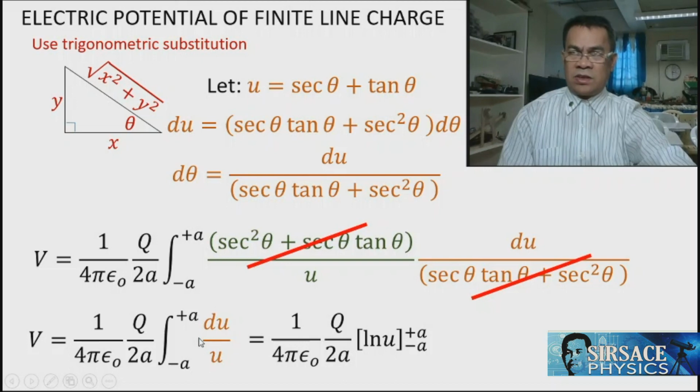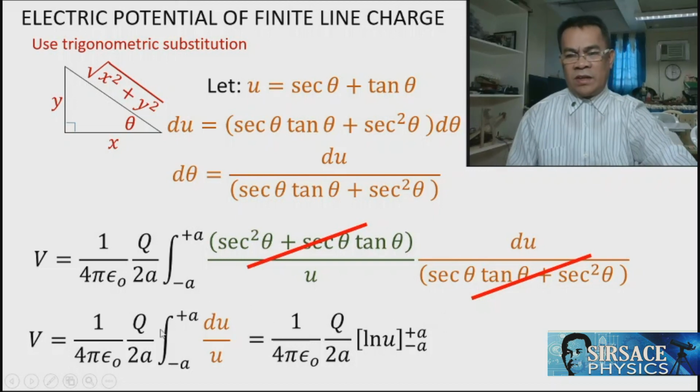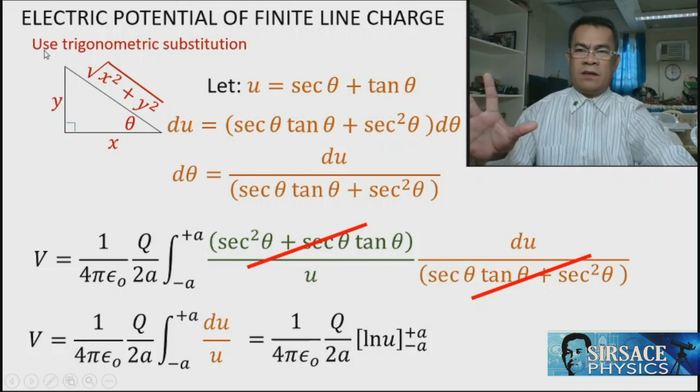Take note that we cannot use the power rule because the exponent, if you place it in the numerator, is negative 1. But we have a special formula: the integral of du over u is ln u. And take note the limit is from negative a to a. So we are able to evaluate the integral using two techniques. First, we used the trigonometric substitution, but we were not successful.